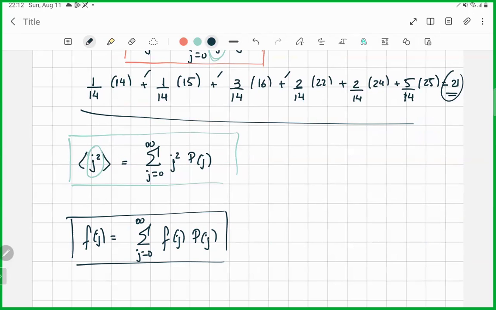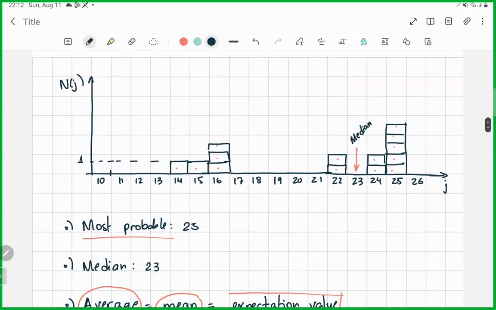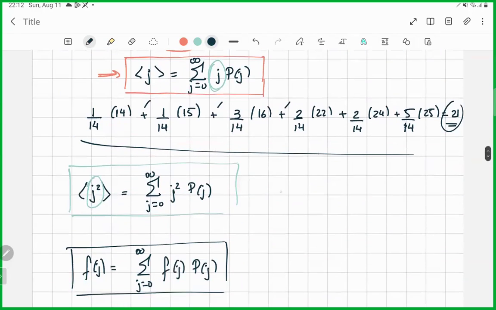All right, now, if you go back to our particular problem here, and so for this distribution that we saw, and if you compute this expectation value, not this mean, this average of j squared, you can do that. You will get this number, 459.571. You can check, okay?